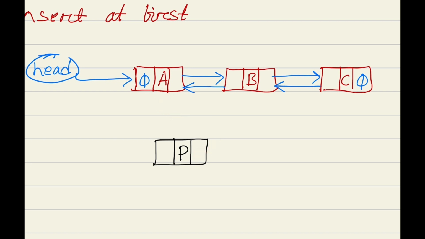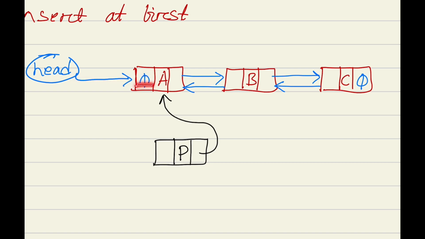So, we can write like this. We update the next of P, that is going to refer to the current head, or we can say that is going to refer to A. Now, what is the next step? In the next step you can observe here the previous of A is null, or we can say the previous of the node that is referred by head is null.